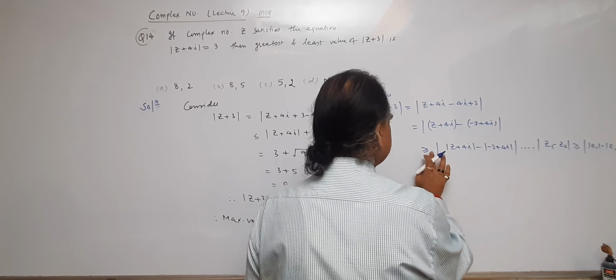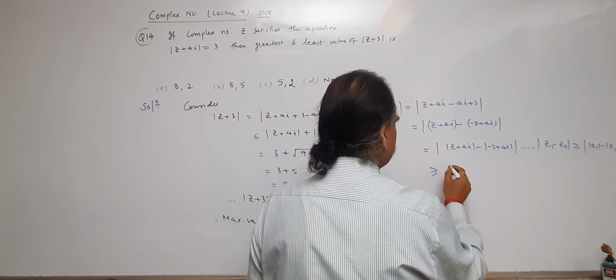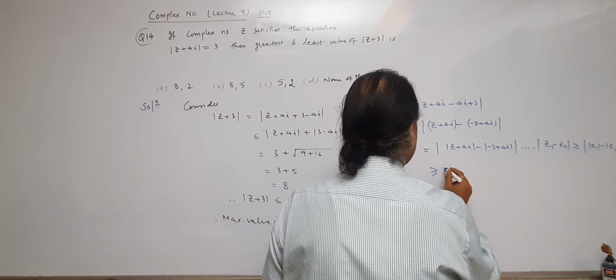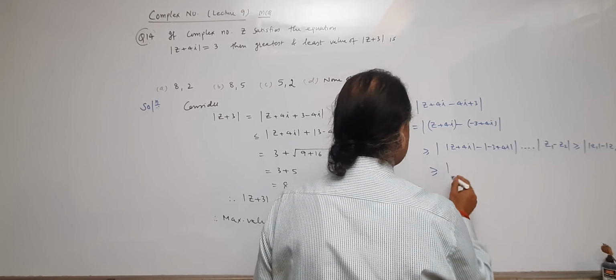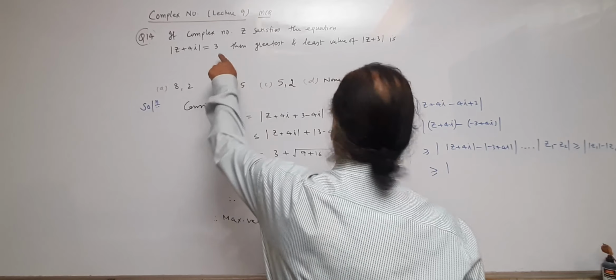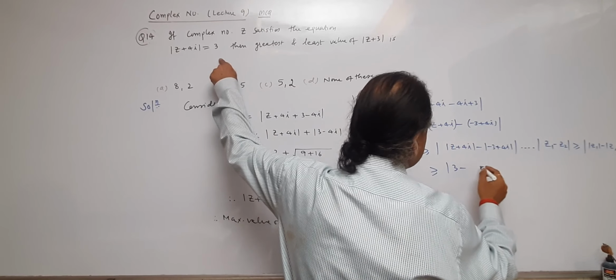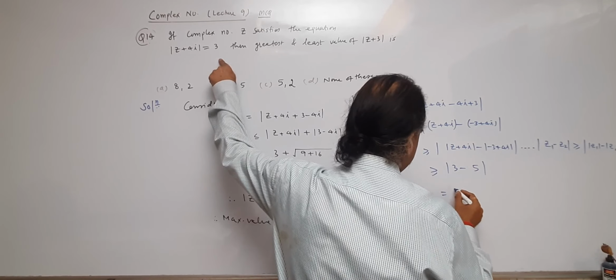Now modulus of this is 3 minus modulus of this is 5, which is 2.